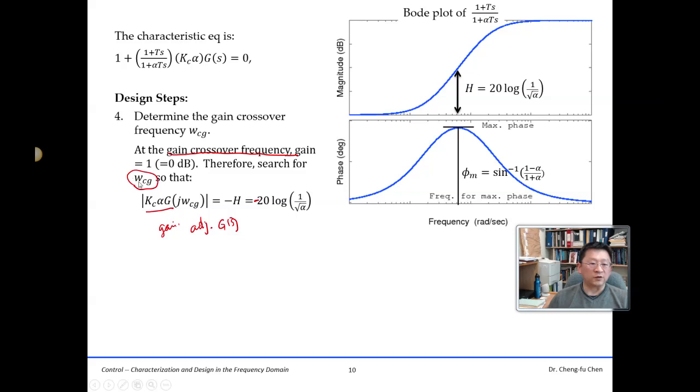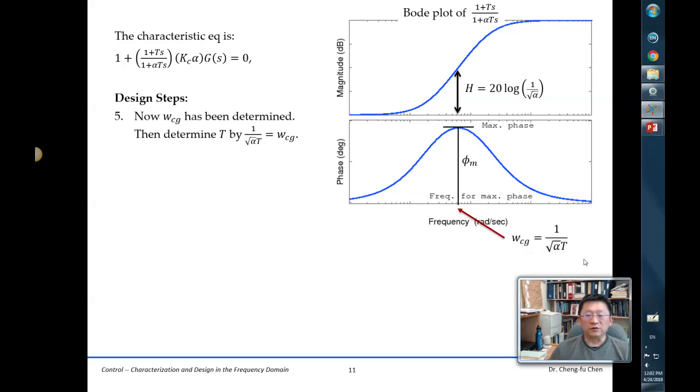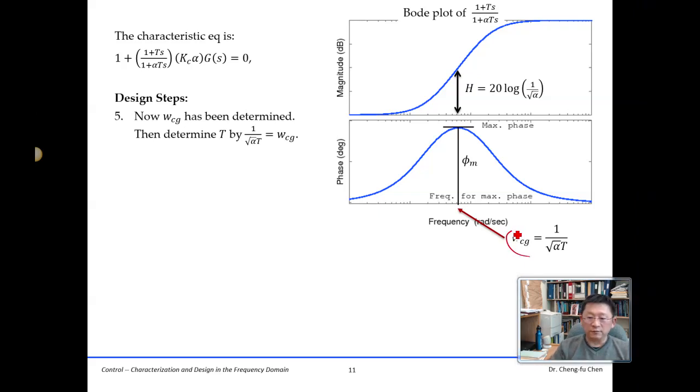From here we determine omega CG, and this is the critical step. That means from there we determine these numbers, and once you determine these numbers, in the final step we can determine T. Once you have omega CG determined, then this is a known value, and you can solve for T.